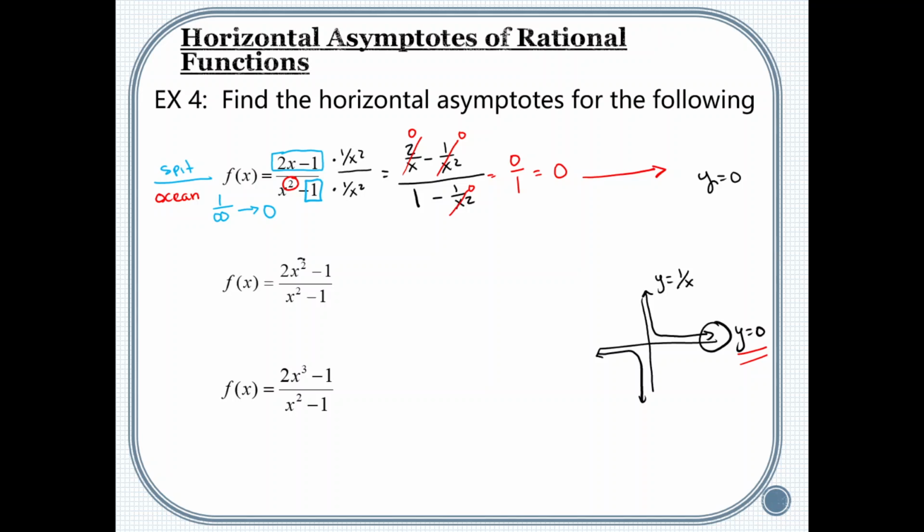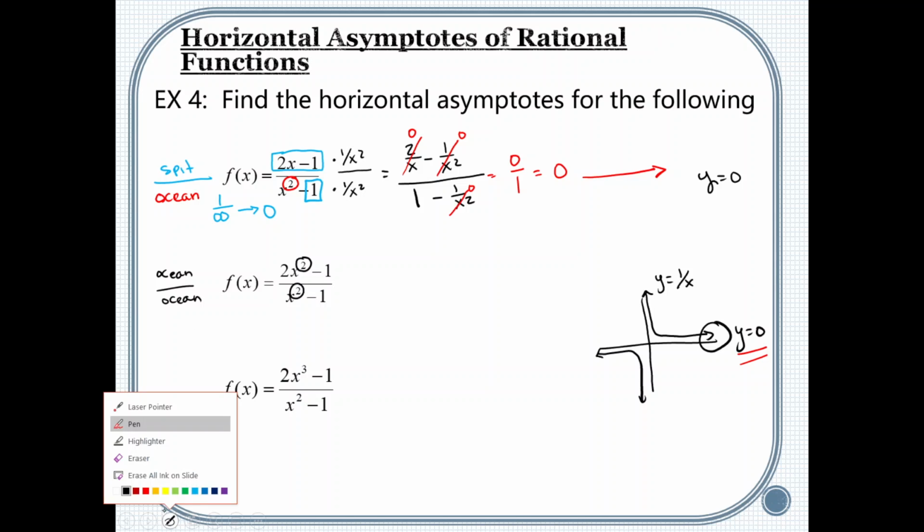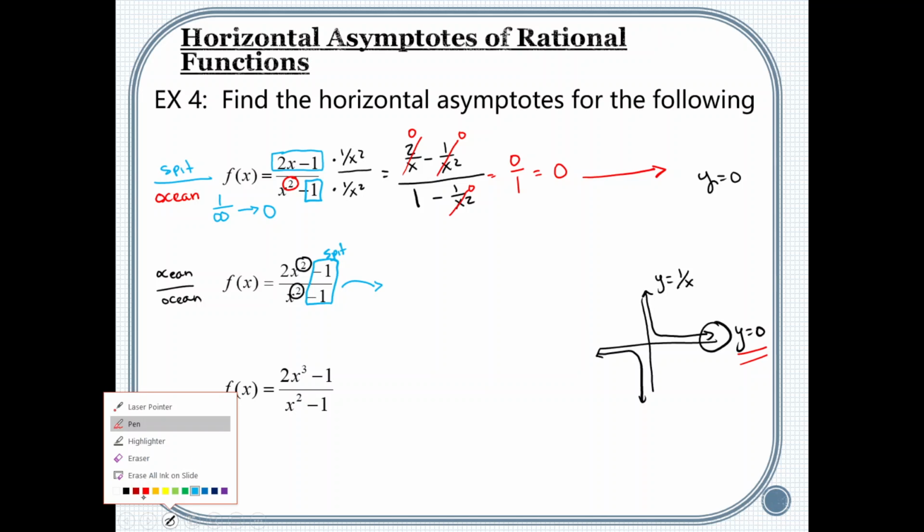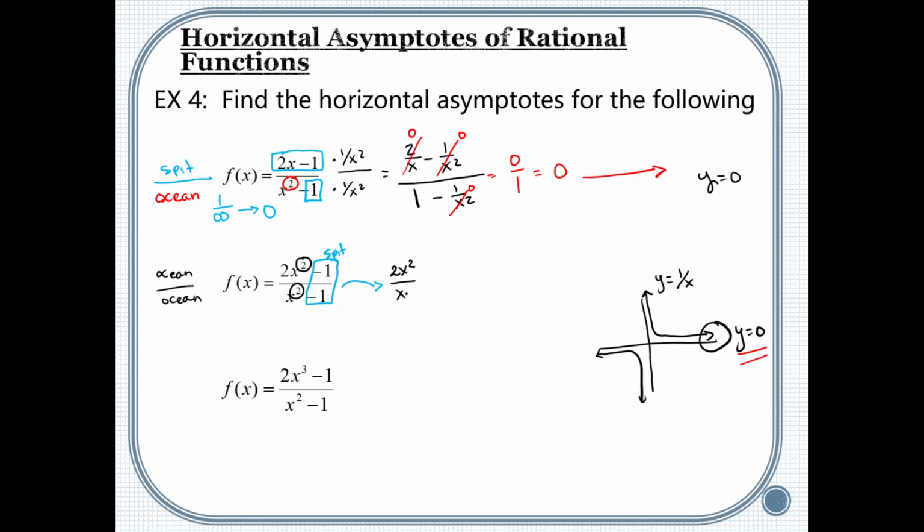Here the degrees are the same. So this is an instance where we have ocean over ocean. This is the spit. And what this tends towards, as x gets huge, is 2x squared over x squared.